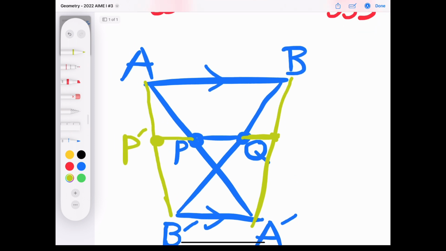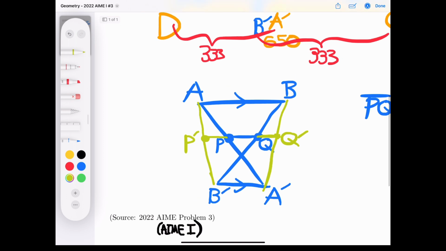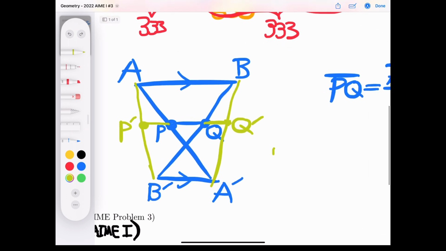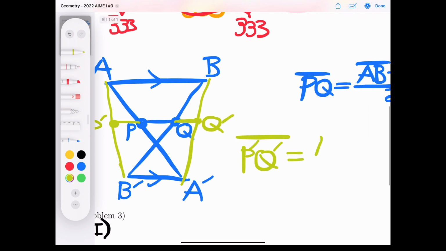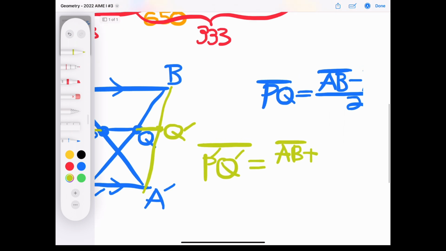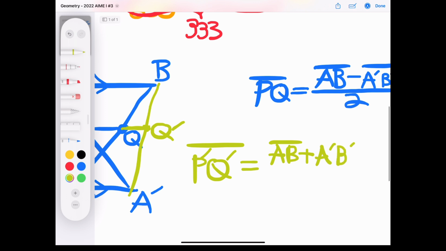Let's say it meets BA prime at Q prime, which will be the midpoint of BA prime. And now you can look at this trapezoid right here and say that P prime Q prime is the midline of that trapezoid. And so P prime Q prime will be the average of AB and A prime B prime, over 2.